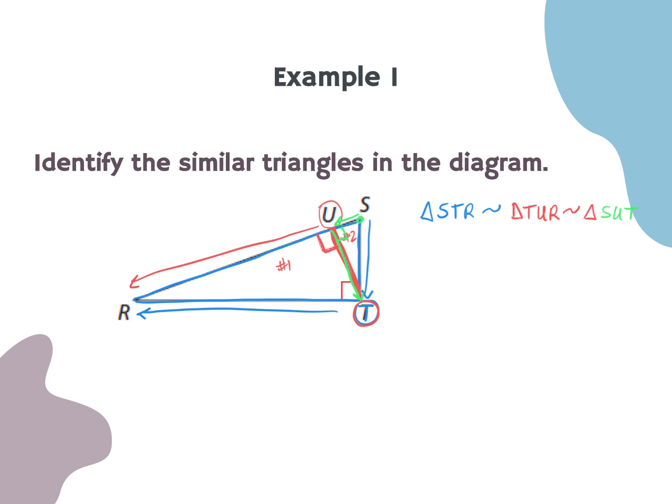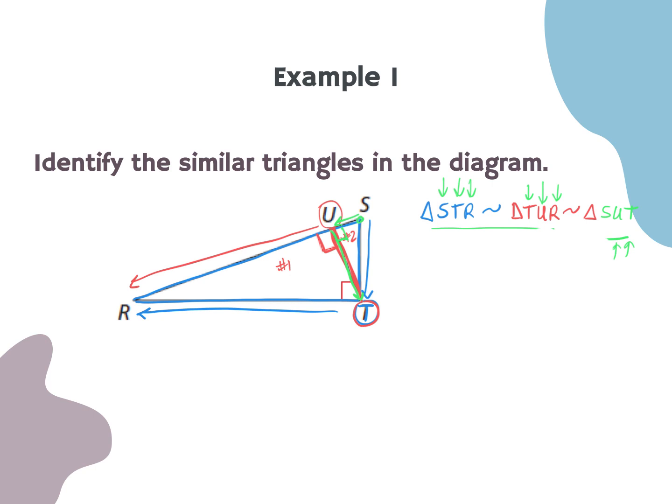Now, you might have used different letters, but what you want to know is that when you're comparing these 2 triangles, the corresponding angles are S to T, T to U, and R to R. When you're comparing these 2 triangles, the corresponding parts are T and S, U and U, and R and T. And so it's a little bit different.